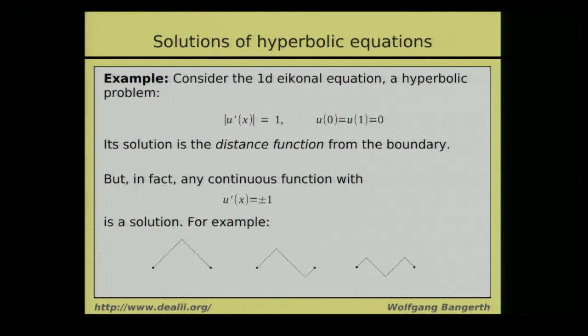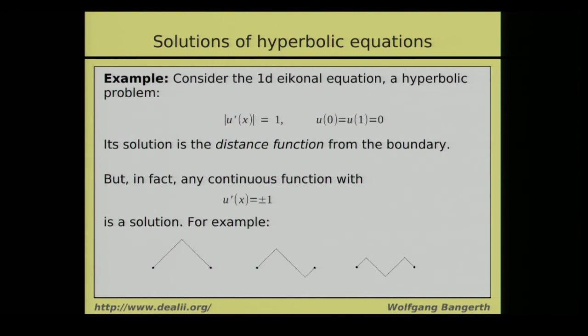The Eikonal equation is we're looking for a function of one argument, u of x, so that the magnitude of u prime of x equals 1. In other words, u prime should be plus or minus 1. And we want the function at the left end and at the right end to equal 0. Okay?